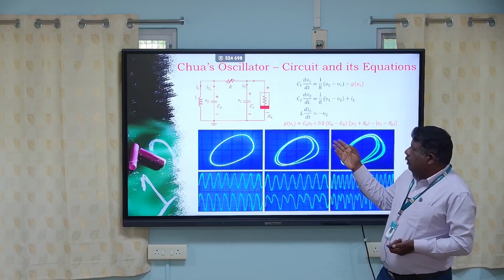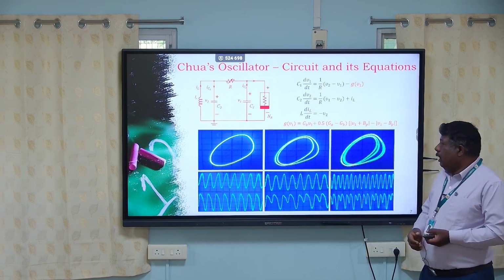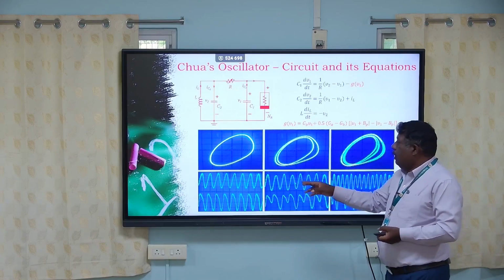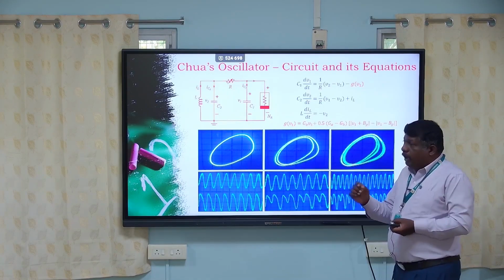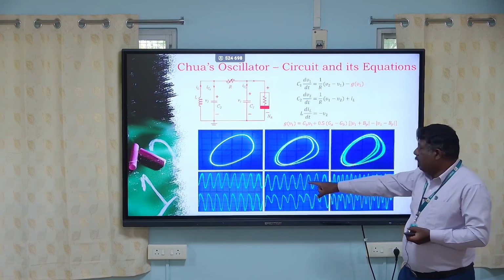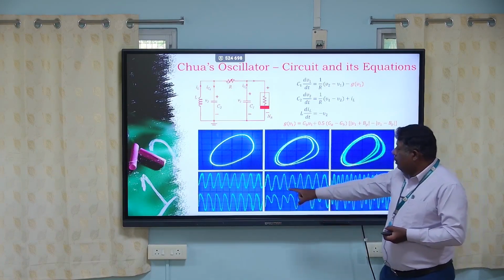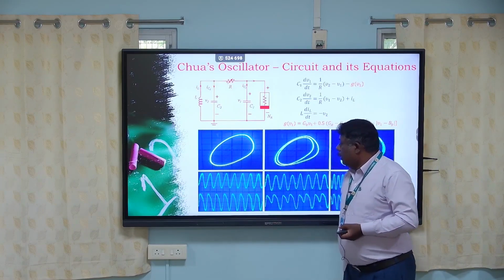From this oscillator, by doing the experiment in the laboratory, we can get the fixed point. By changing the R value, we can get the phase portrait of 1T, and you can observe this time series.